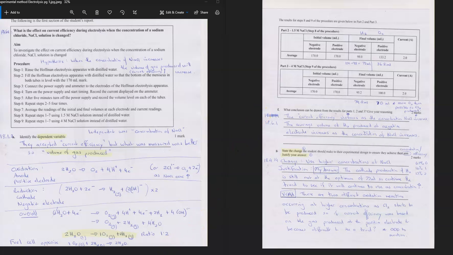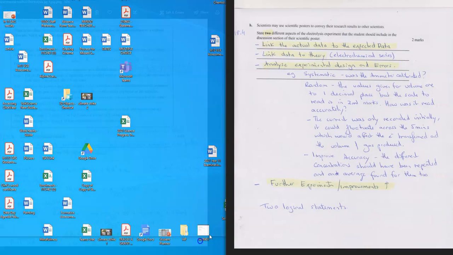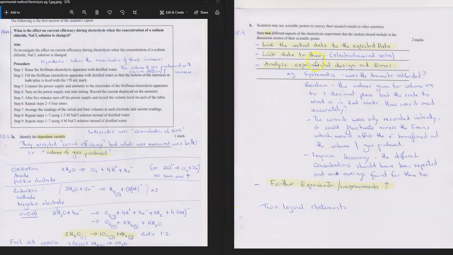You can't see the precision, how close together your values are, if you only do it once. You can't get an average, which is more accurate. Then you would discuss further experiments or improvements to this design. All right, sorry, that's gone on and on.